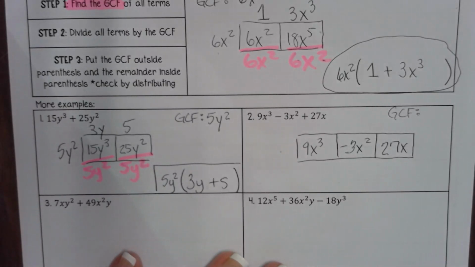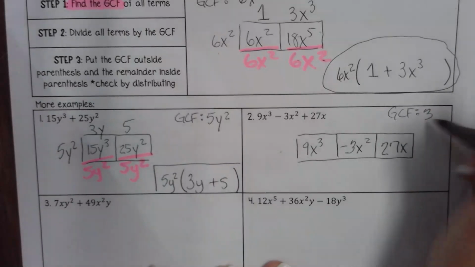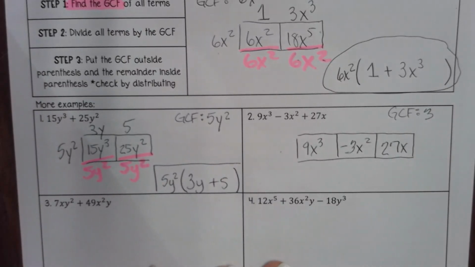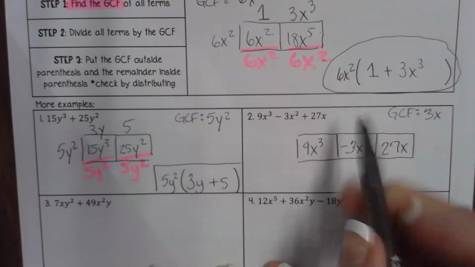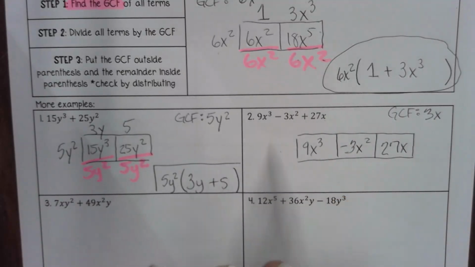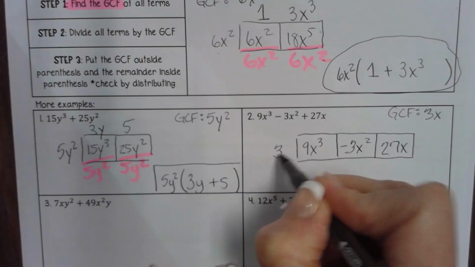What is it? 3 what? 3x. Smallest power is x, and it's in all 3. Okay, so 3x goes out here.